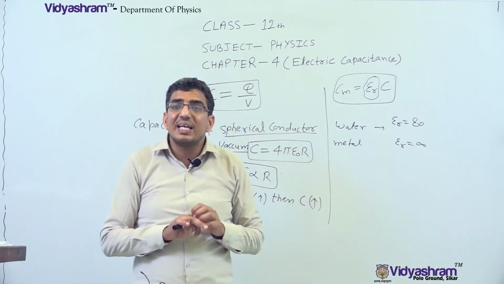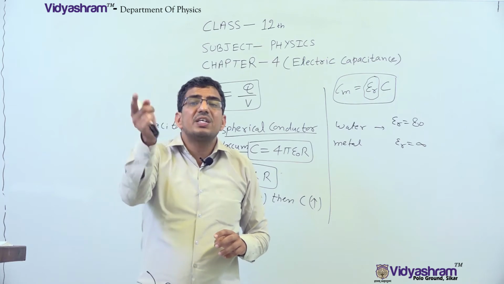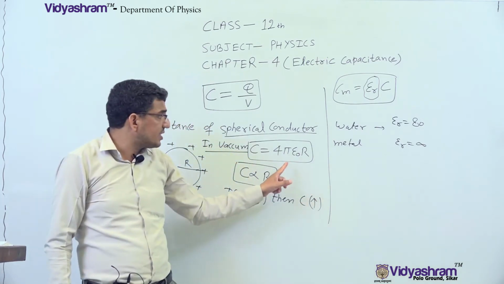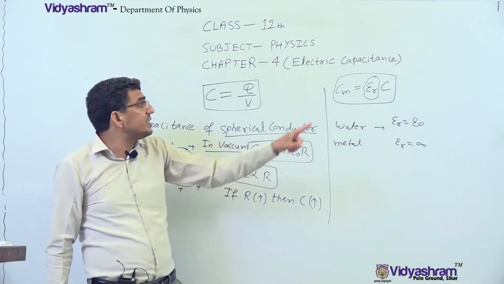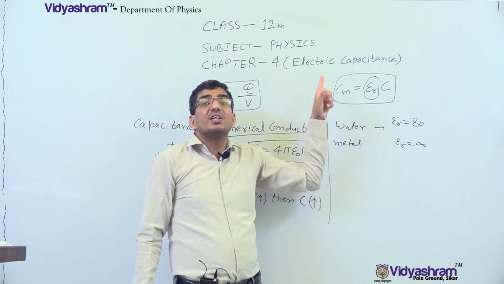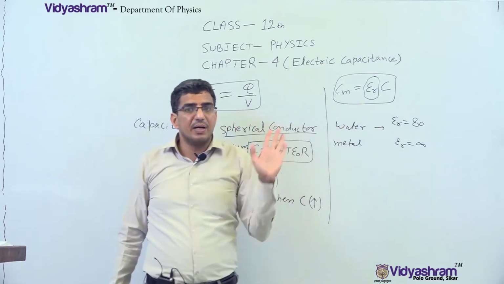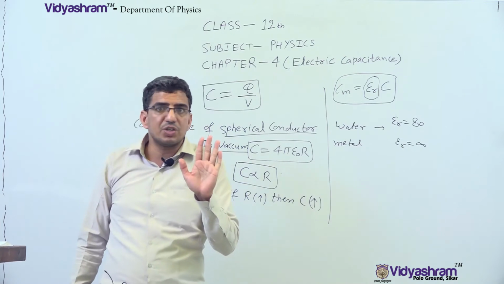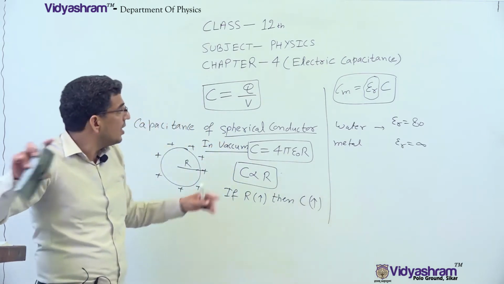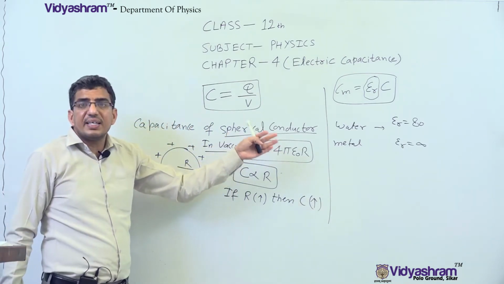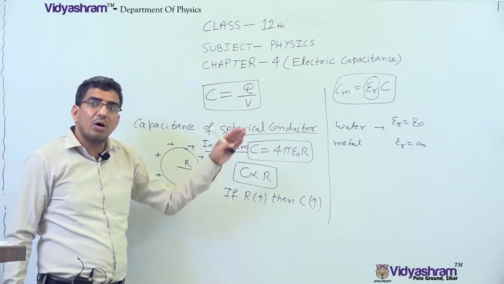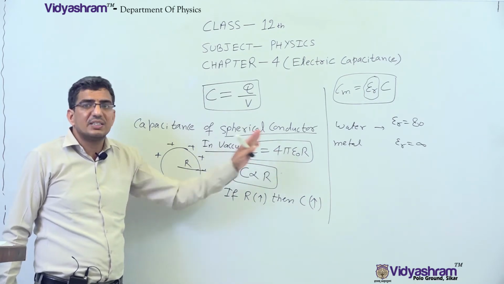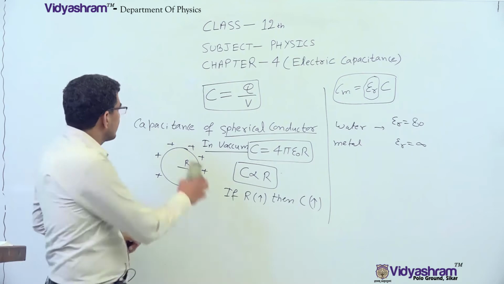Two things are clear: capacitance depends upon the size of the object, and capacitance depends upon the nature of the medium. Am I right? Okay students, don't write this in your notebook, only listen.